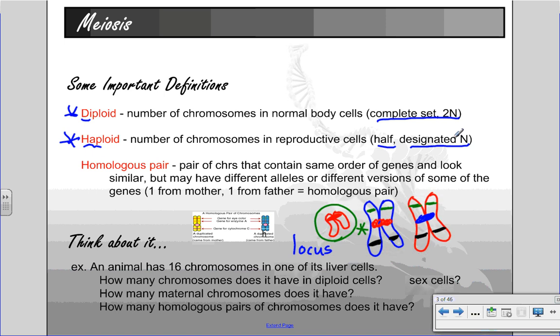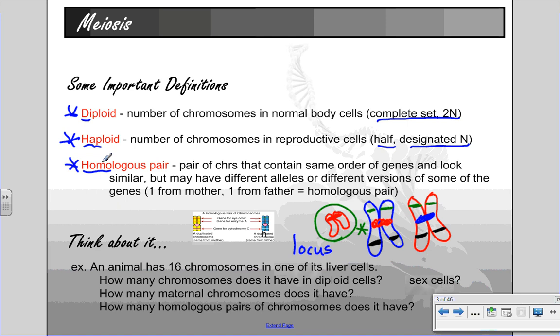Another term that you're going to hear a lot is homologous pair. So, homo, if you remember from science with Miss Ramsey or chemistry probably, they would have talked about a homogeneous mixture versus a heterogeneous mixture.